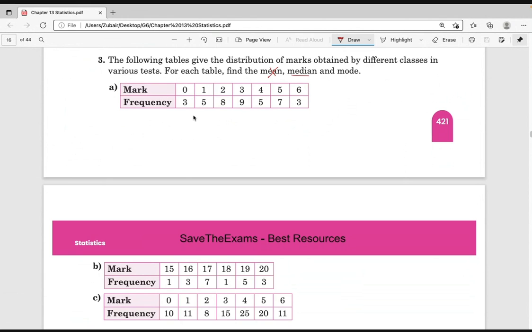The common one. Most common, most occurring, most frequent. It is 3, because the highest frequency is 9 and 3 is occurring 9 times. So mod is 3. Now solve for median only.